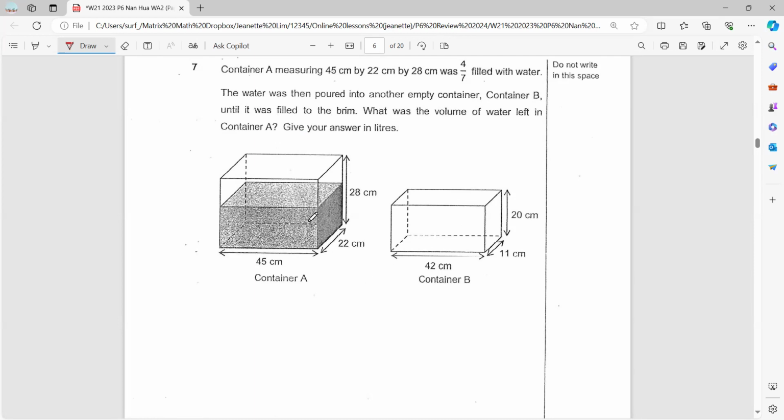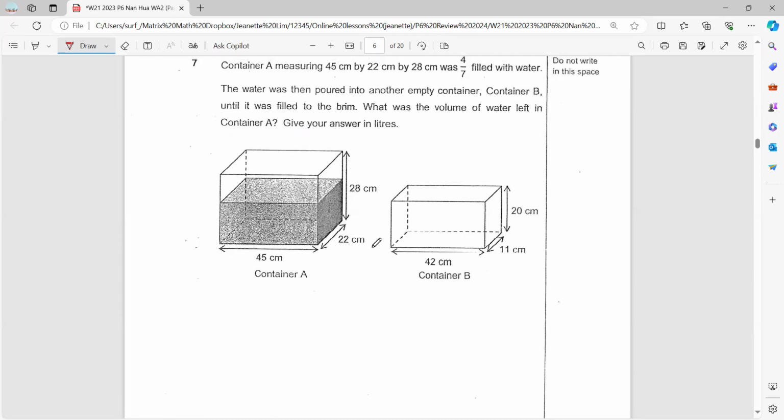Okay, so the volume of water, it's 4/7 filled, so length times breadth times height, and then times 4/7. So volume of water will be 45 times 22 times 28, then times 4/7 straight away. 15840.